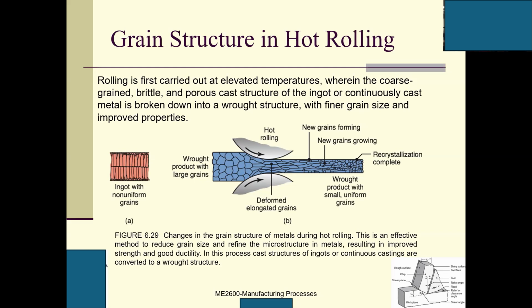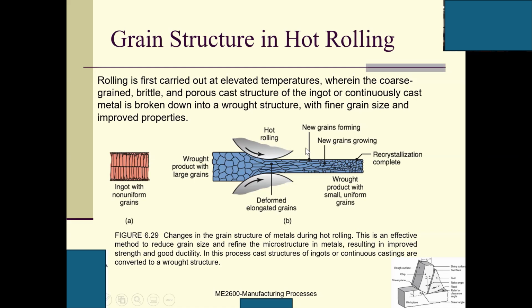Then new grains form and grow, so the recrystallization is complete. Recrystallization means that we have different grains from here to here. So this is deformed, elongated grains, and definitely we have applied work there. The result is a fine grain size and improved properties.